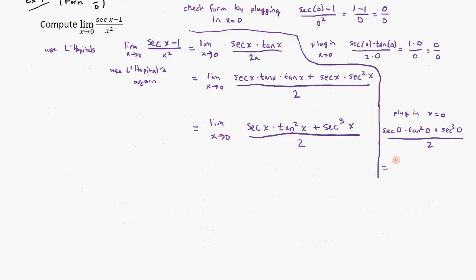Secant of 0 is 1, tangent of 0 is 0, and secant of 0 again is 1, all over 2. If we compute this, this part is 0, but this part is 1, so this is equal to 1/2. Now we finally get something that's not an indeterminate form. Because this is not an indeterminate form, this is the actual value of this limit. So this whole limit is equal to 1/2.